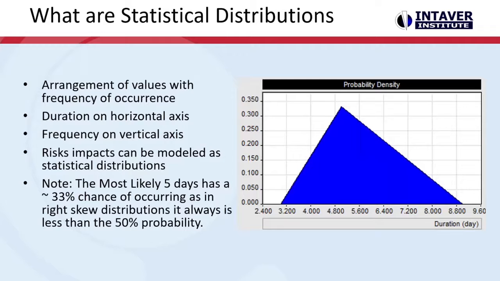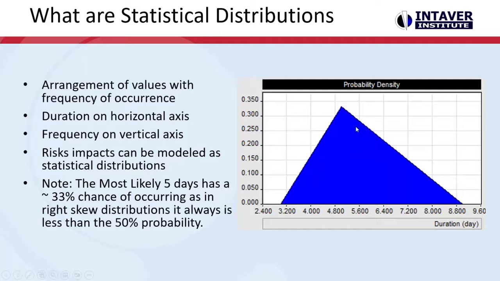The graph is showing the probability that certain durations can occur. So as we look over, we see the probability goes up the Y and the duration goes along the X. And we can see that at 3 days, there's almost a 0% chance that it can occur. At 5 days, we have about a 33% chance of occurring. This is pretty standard when we look at triangular distributions in schedules.